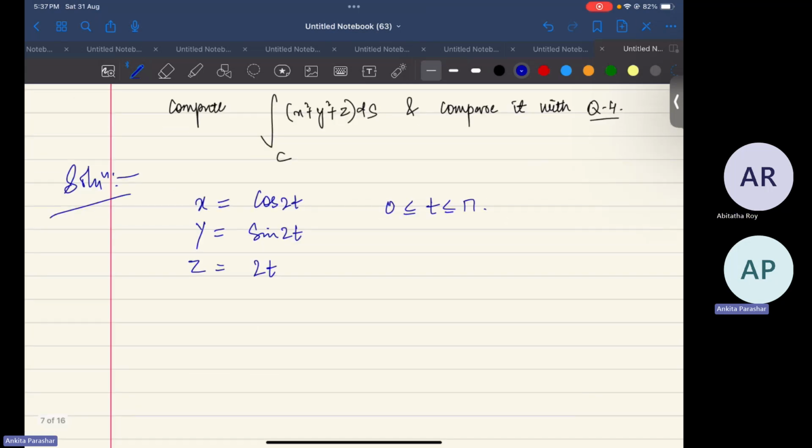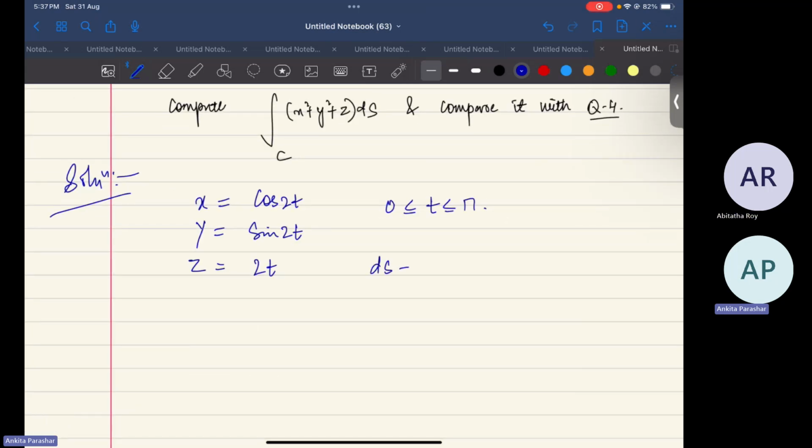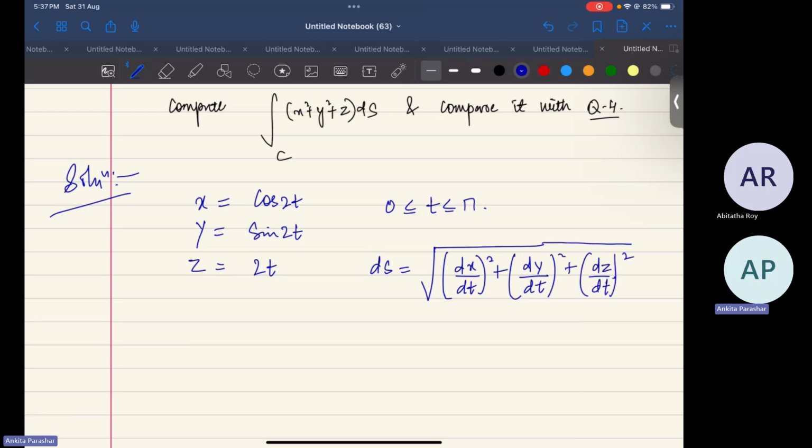And then what is ds? If you remember ds, yeah, isn't it? Okay. So what is the first derivative?